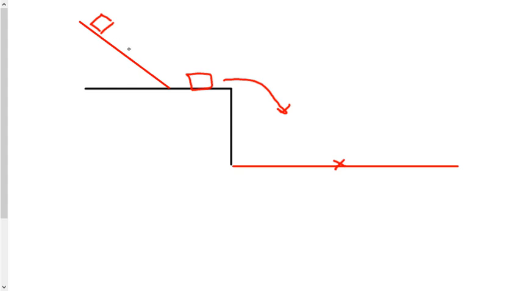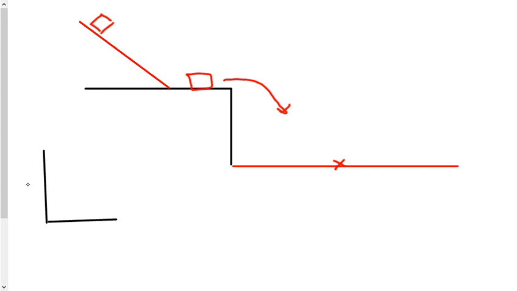So if we were to graph what's going on here, there's going to be a couple graphs we can look at. Let me draw my first graph here. As it's sliding down the incline, we expect to see some kind of acceleration going on. When it reaches here, we're going to have some kind of constant velocity.